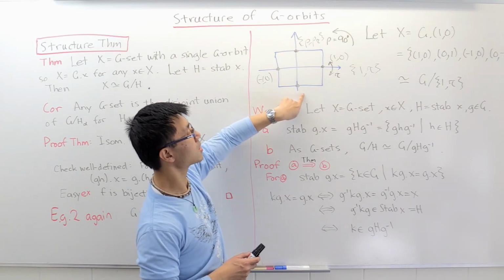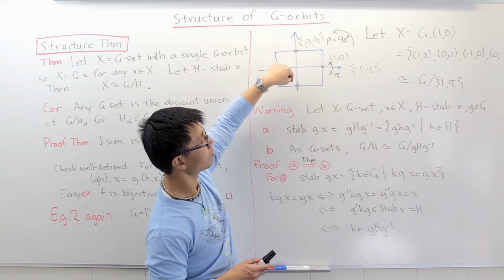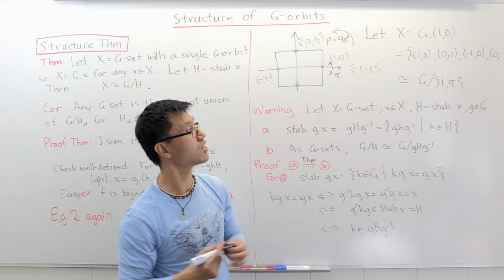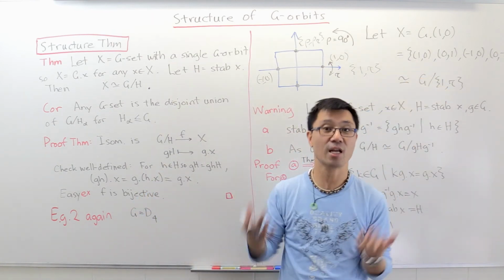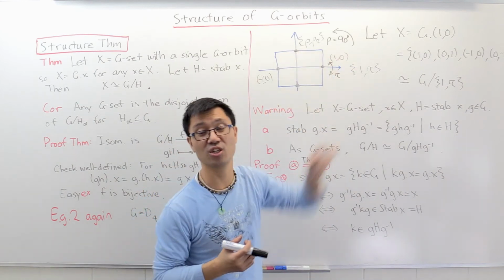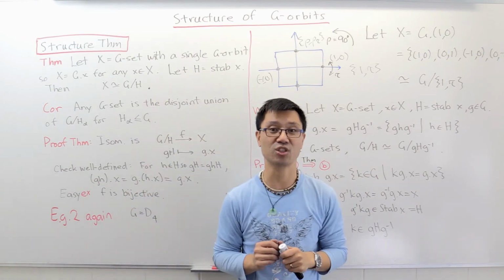The final one is the coset containing the rotation in the clockwise direction by 90 degrees, and also the reflection about this diagonal. So that's your 1-1 correspondence between the two, and it's more than that, it's actually an isomorphism of G-sets. So it's compatible with the G action as well. This shows you a nice example of this theorem in action.